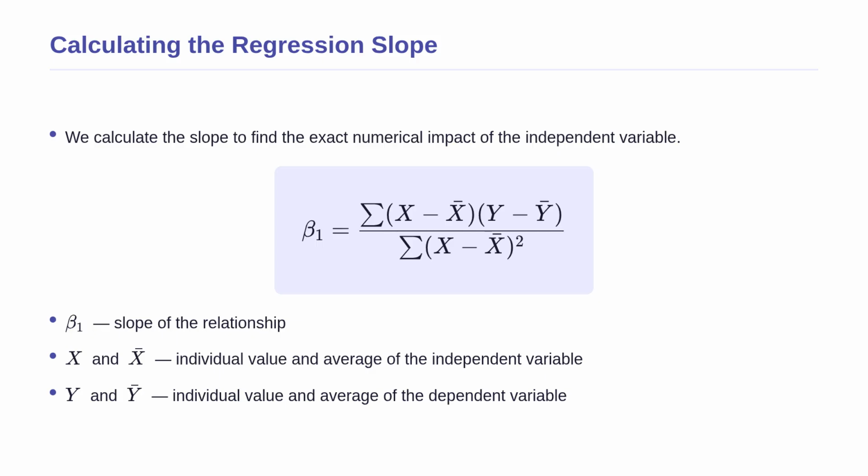Now that we have our regression model, how do we actually find that crucial slope? We use this standard statistical formula. This equation calculates the slope, denoted by beta 1, by comparing how the variables move together. The numerator measures the covariance, which is how the two variables change together.